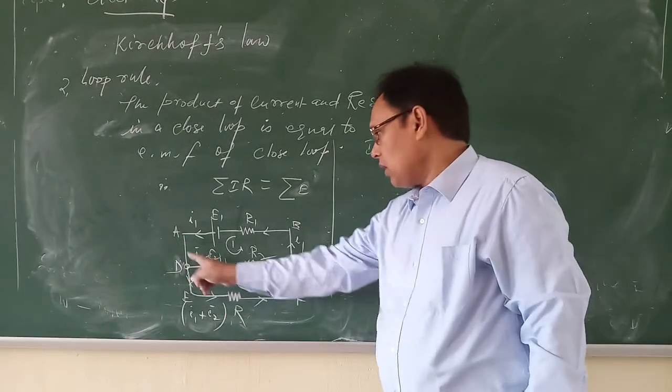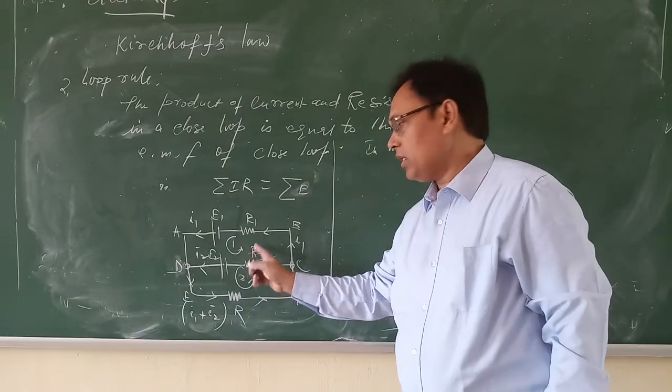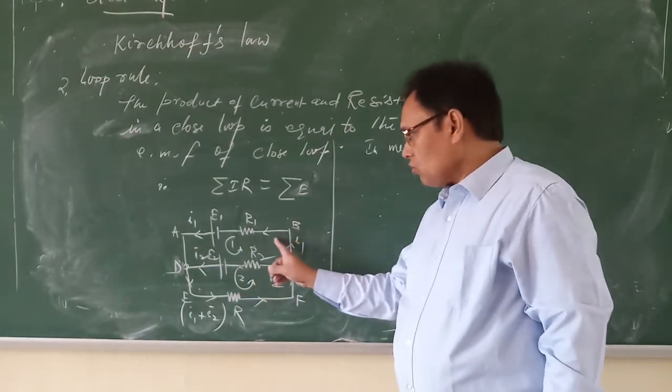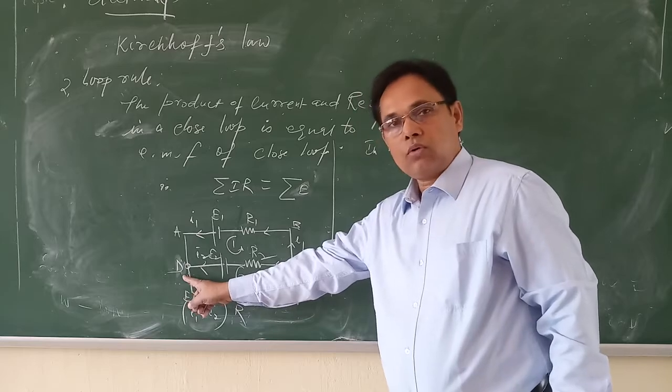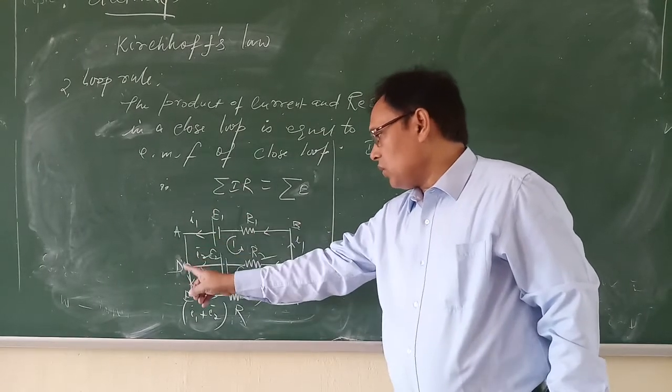The anti-clockwise direction is A to D, D to C, C to B and B to A. If the direction of current is also the same, suppose A to D, there is no resistance, so this product is 0.